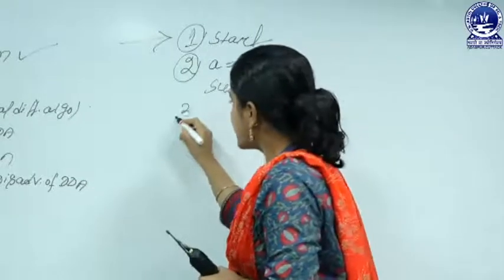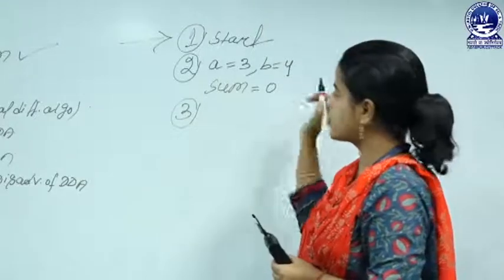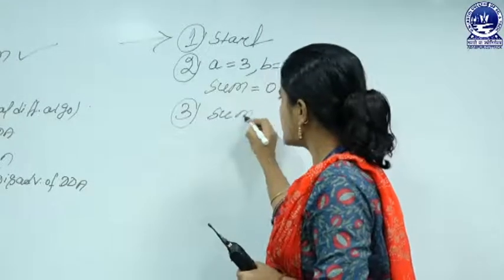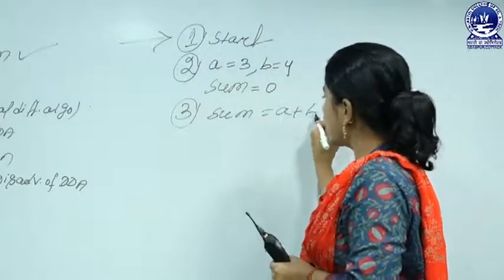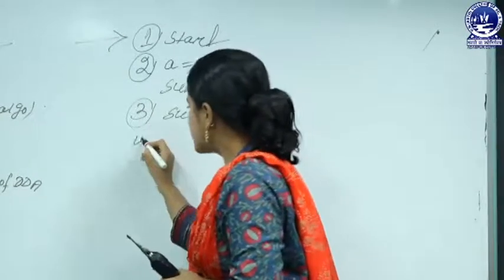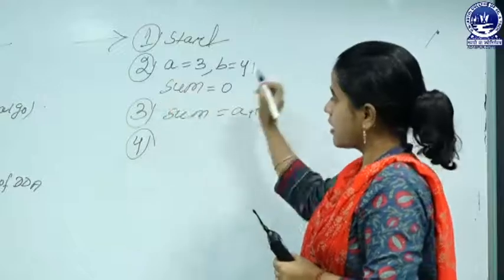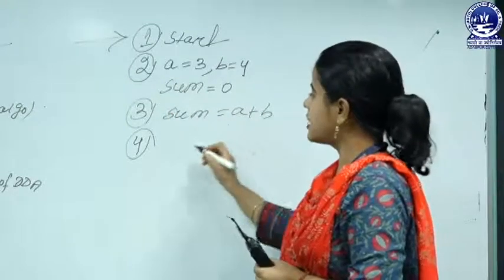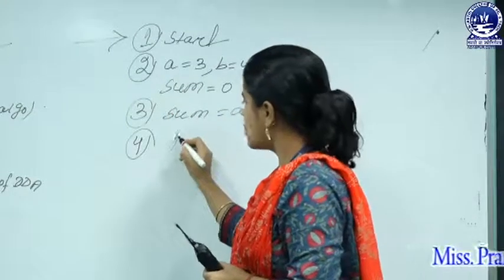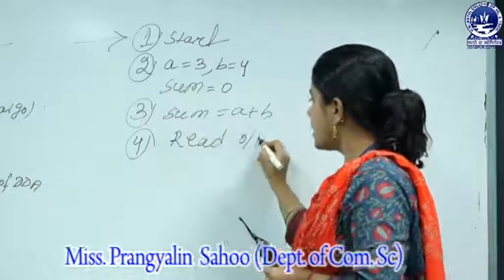Now on the third step, the programmer assigns the logical statement, that's sum equal to a plus b. Here plus is the operator through which the data is processed. After that, when the logical statement is processed accurately, it provides the resultant outcome. That means the user reads the resultant outcome.